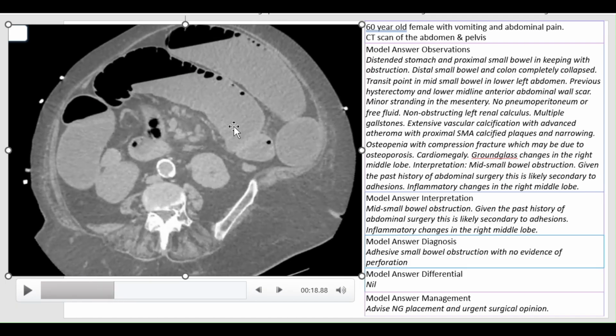The small bowel obstruction needs to be relieved by placement of nasogastric tube, which is better to be advanced into the jejunal loops, to decompress these distended and fluid-filled small bowel loops. So I think this is the management.